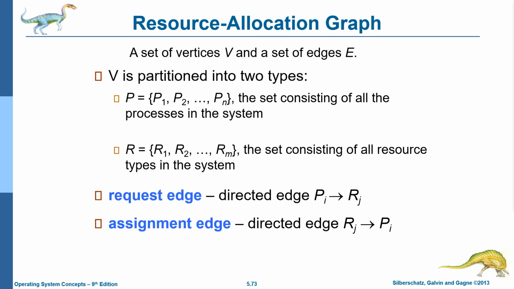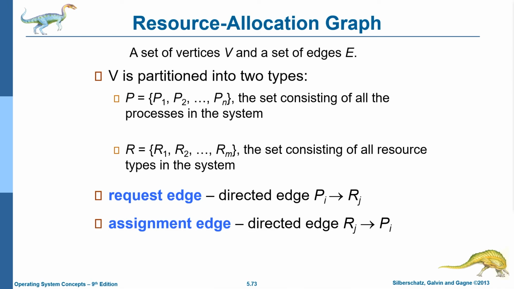One of the tools that we can use to identify potential deadlocks is what we will call a resource allocation graph. And in a resource allocation graph, there's a set of vertices V and edges E. There are two types of vertices in V. There are resources, denoted by an R, and processes, denoted by a P. When P is requesting a resource, there will be an edge from P to that resource.